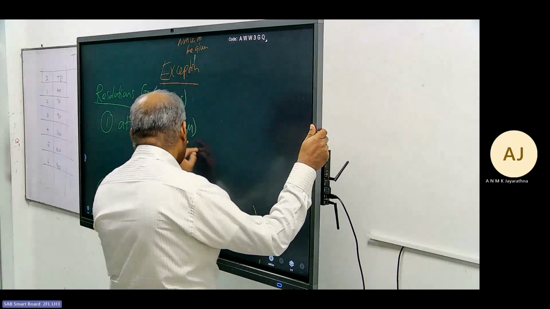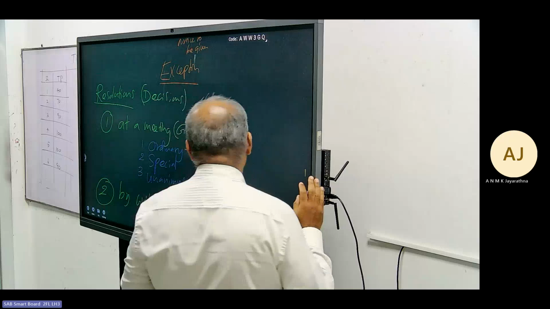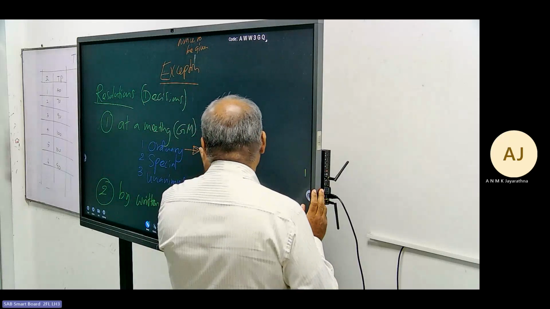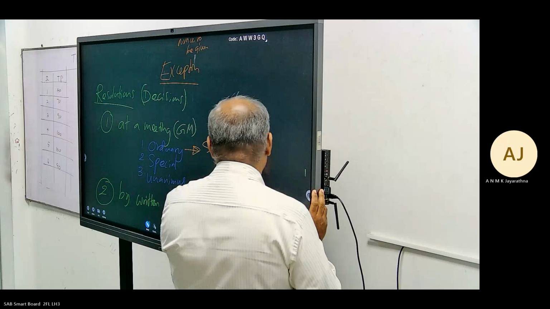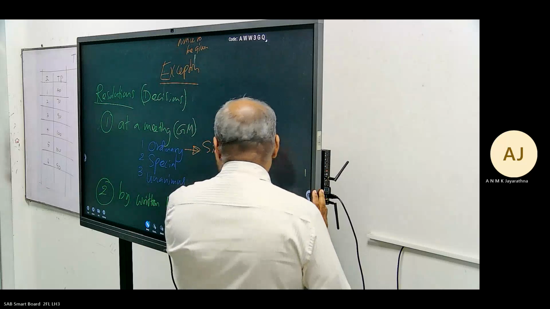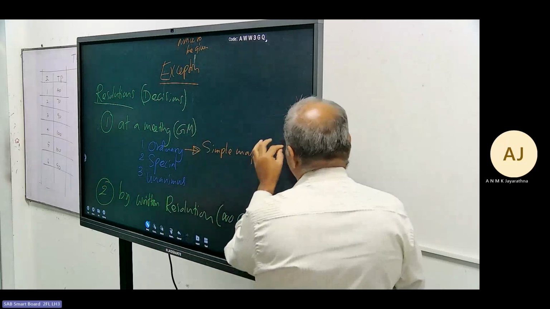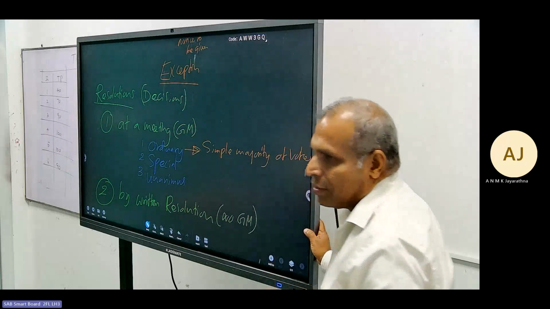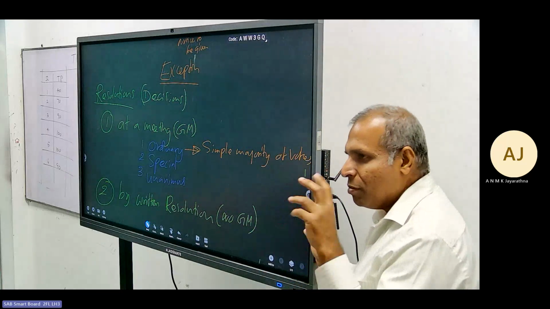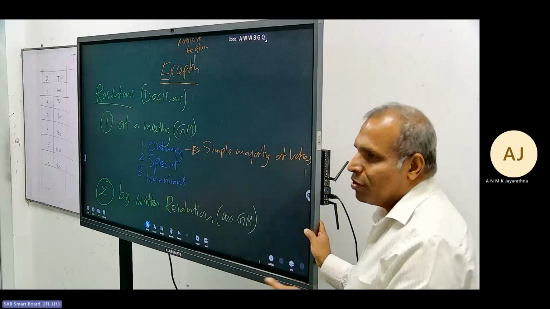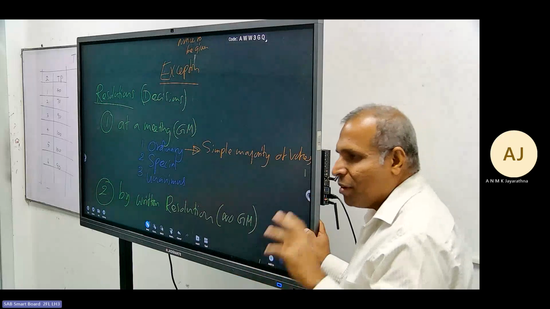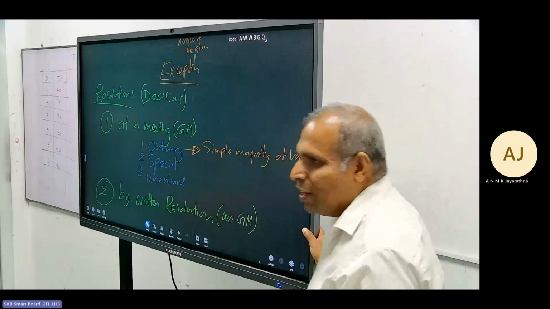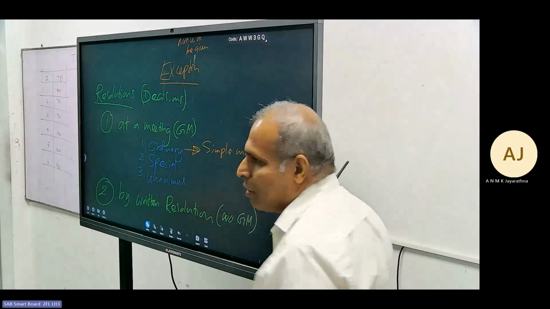This is a resolution which is passed by a simple majority of votes. A resolution passed by simple majority of votes is named an ordinary resolution. What do you mean by simple majority?